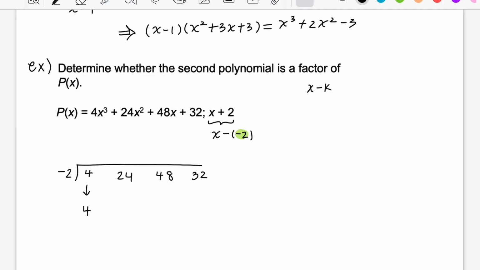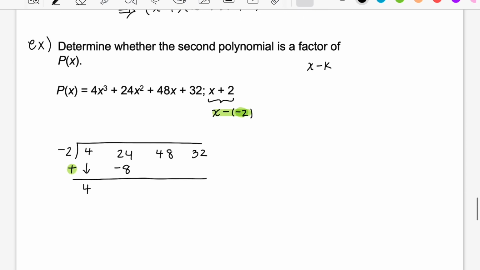So we have 4 here. Our next step, what we're going to do is add now, because remember we have x minus minus 2, so we're adding all of these guys. And what we're going to do is add the product of this and this guy to our second term here. So the product of 4 and minus 2 is going to be minus 8. So we're going to do 24 plus minus 8, so we'll get 16 here.